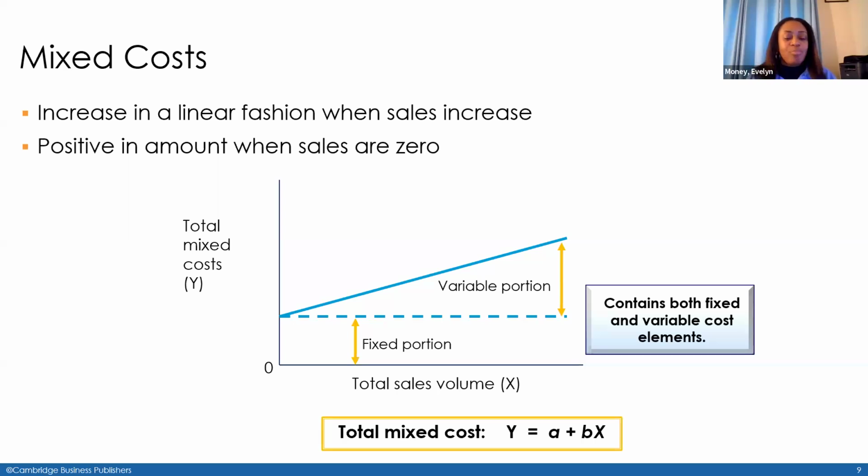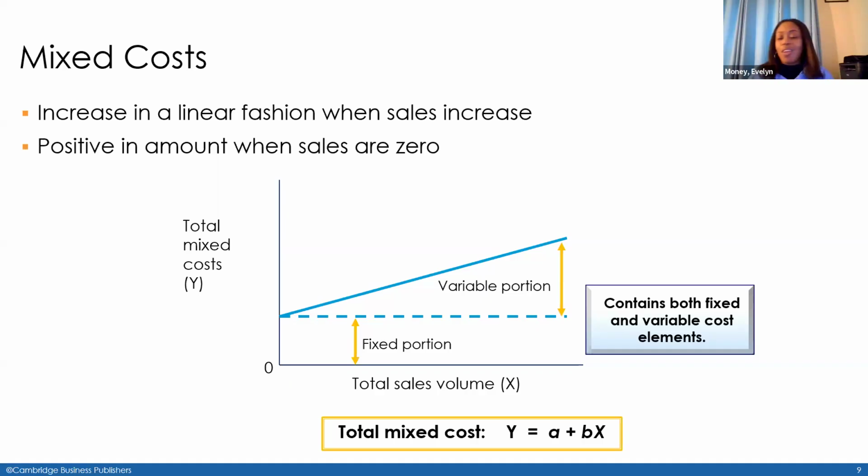Yes, in algebraic terms, it's a slope, but in accounting terms, that is the variable cost per unit. The X is our activity. So when I take M and multiply it by X, that is equal to my variable cost. Now, B is simply my constant. And my constant is really just my fixed cost. So what we're saying when we say y equals mx plus b, we're saying that total mixed cost is equal to variable cost plus fixed cost.